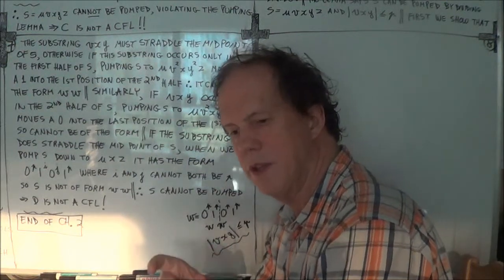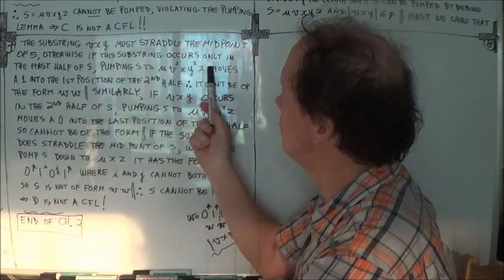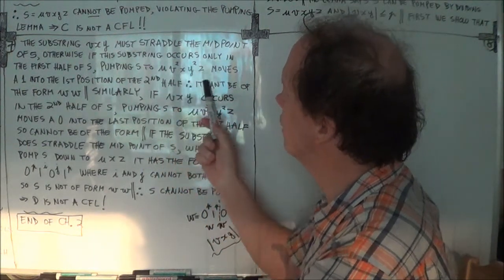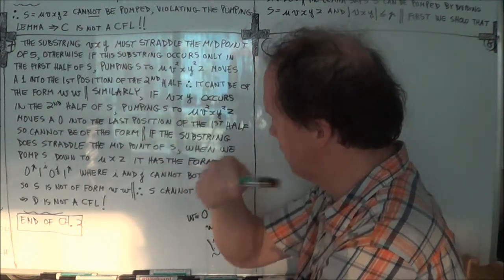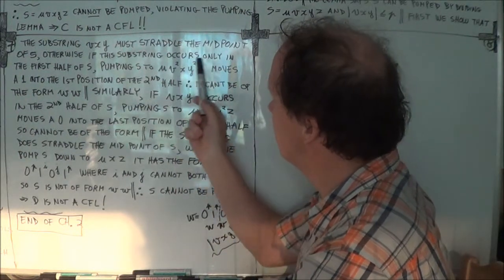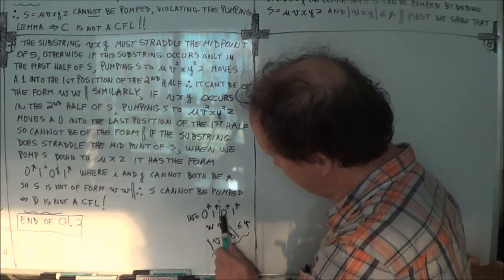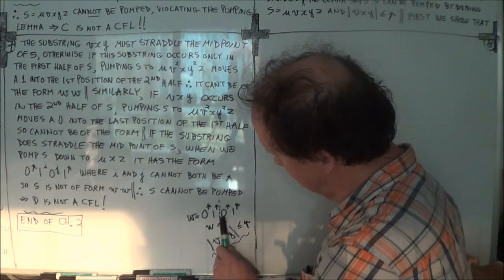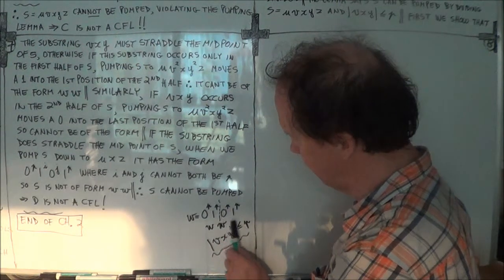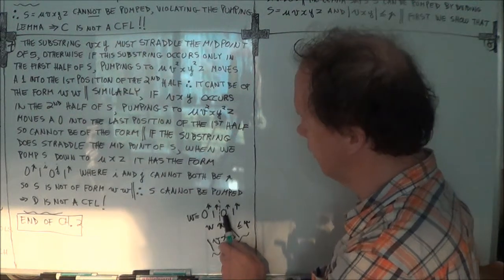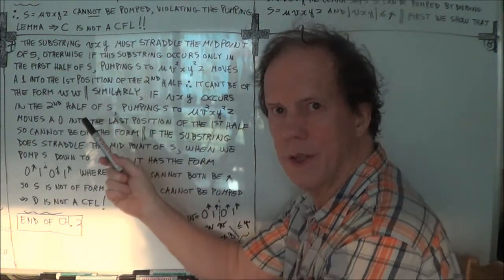Now, if it's in the left half, and you pump the string this way, so you get a v squared and a y squared here, then, and I'm leaving this for you to show, the pumped string will have a 1 on the leftmost symbol of the right half, and that's not allowed because it has to be a 0, because the string has to be of this form. So it can't be on the left-hand side.